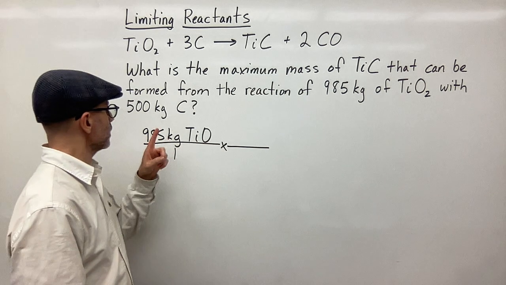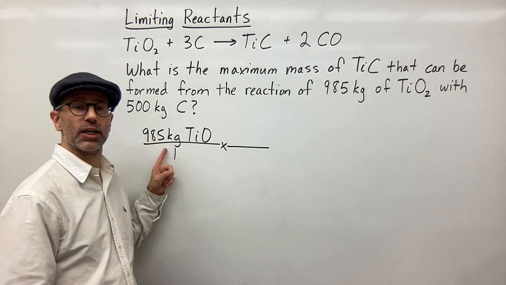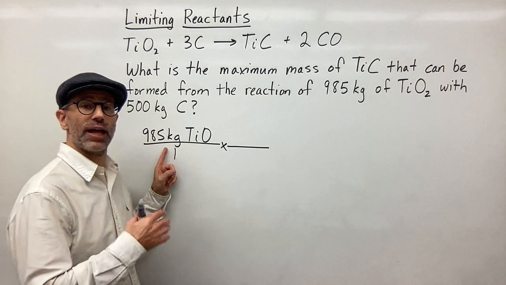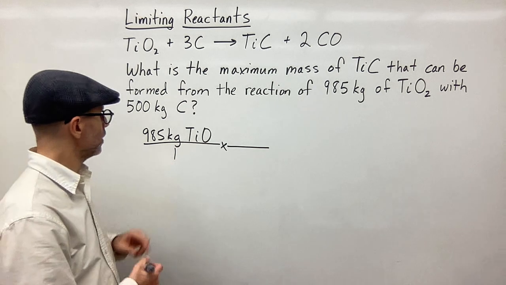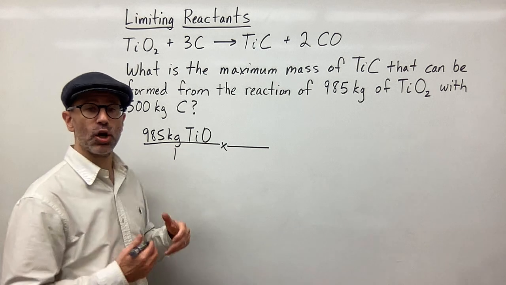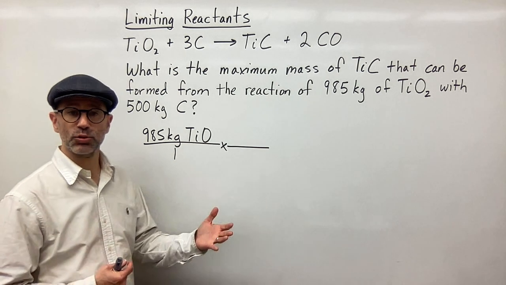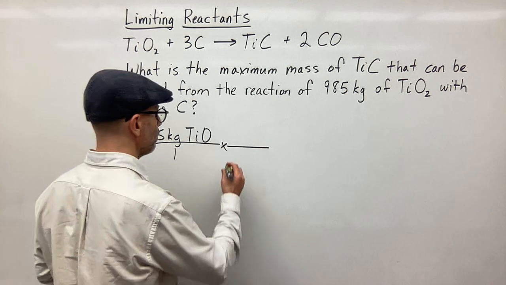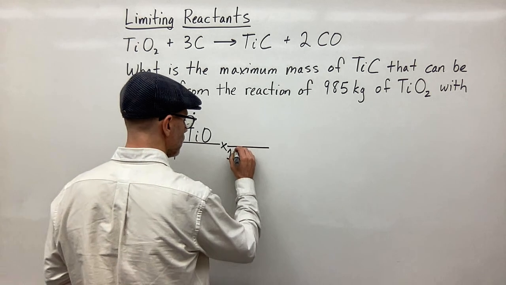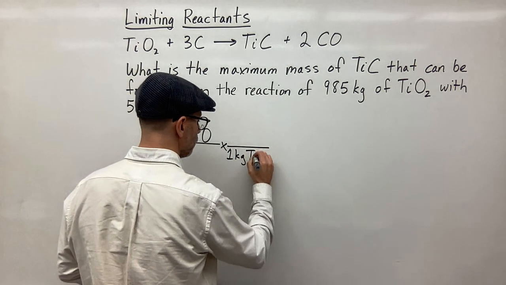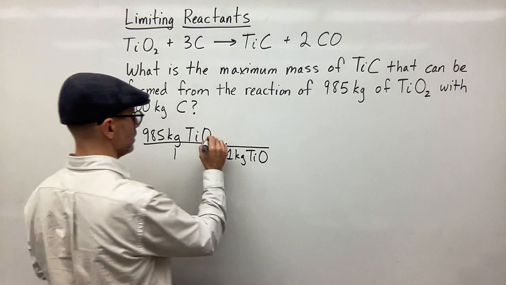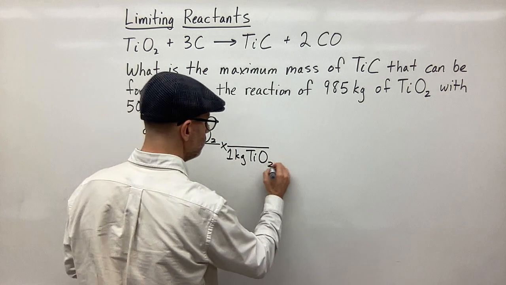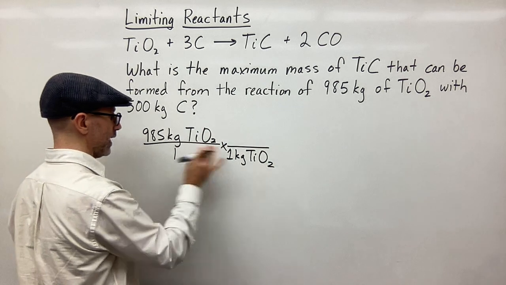So here I have kilograms. So I'm going to need to convert that to grams first, so that way I can use the molar mass of TiO2 to convert it to moles. So kilograms to grams, I know that 1 kilogram is equal to 1,000 grams. So I'm going to put 1 kilogram of TiO2, sorry, on the bottom to cancel out here.